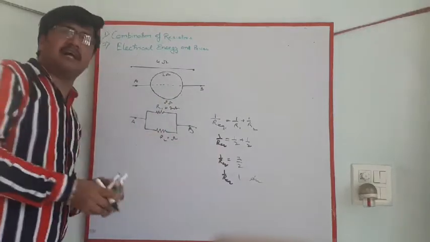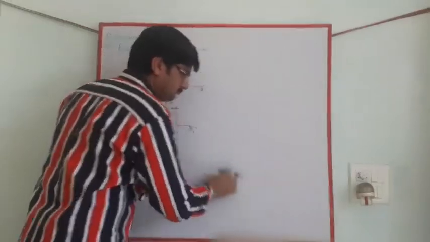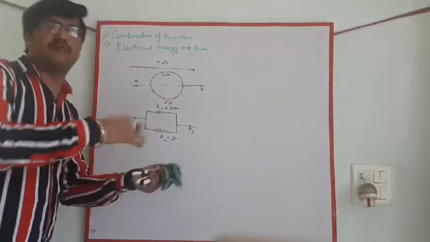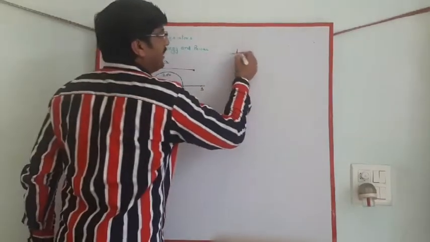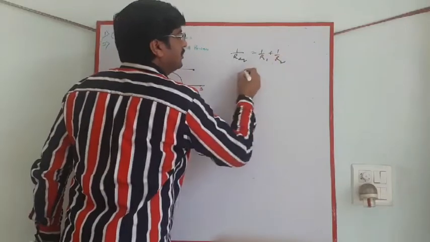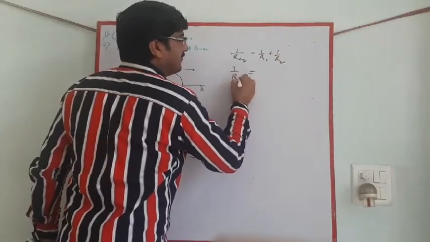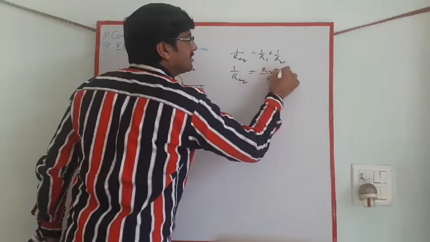If you want to do it directly, so for two resistors, if you don't want to get the case of reciprocals, then we know that 1 by R equivalent is equal to 1 by R1 plus 1 by R2, then 1 by R equivalent is equal to R1 R2, their LCM, R2 plus R1.